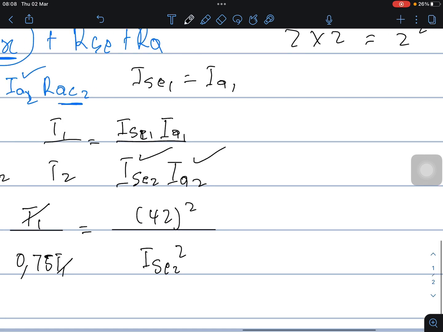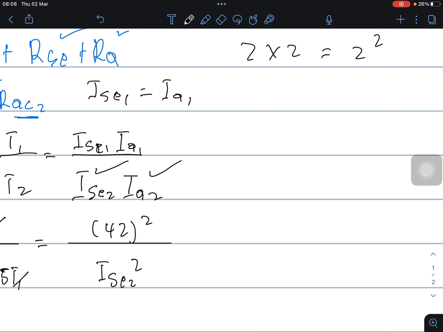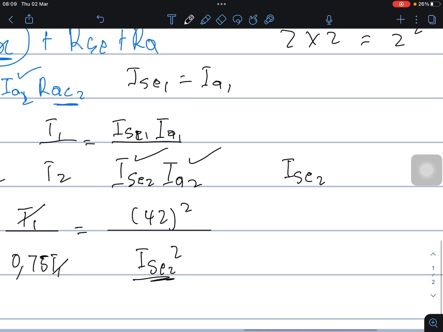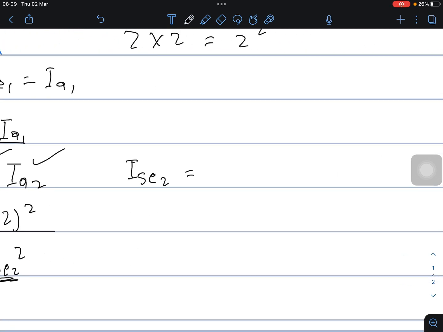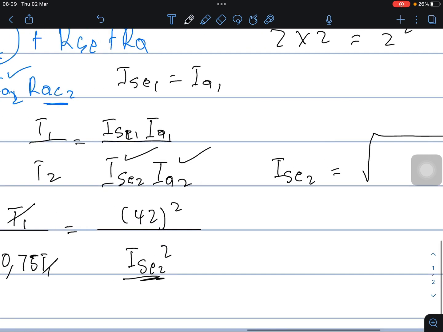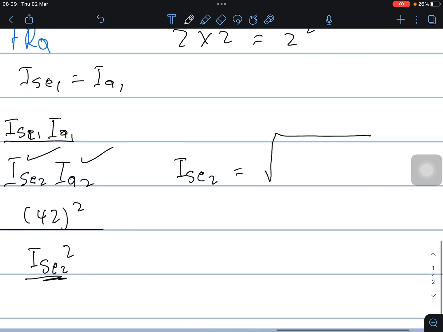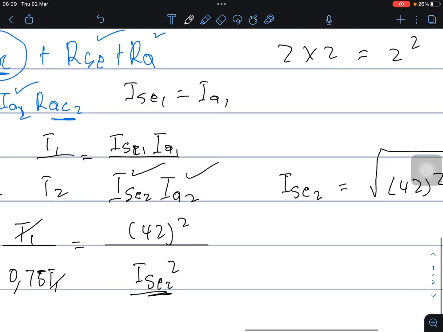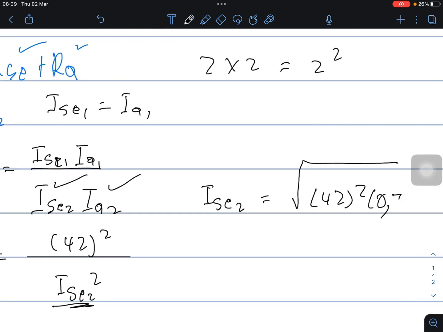So I series 2 is equals to the square root of 42 squared times 0.75, and then we get I series 2.